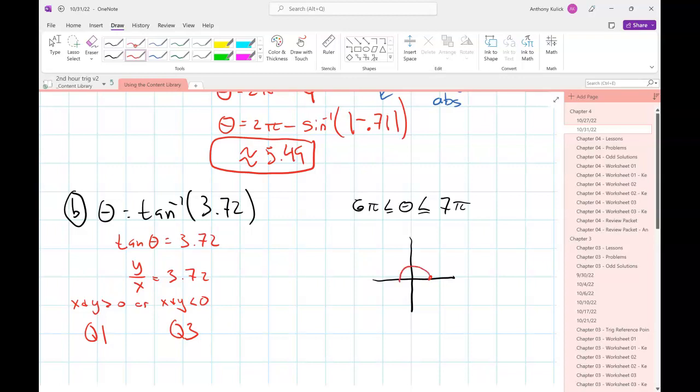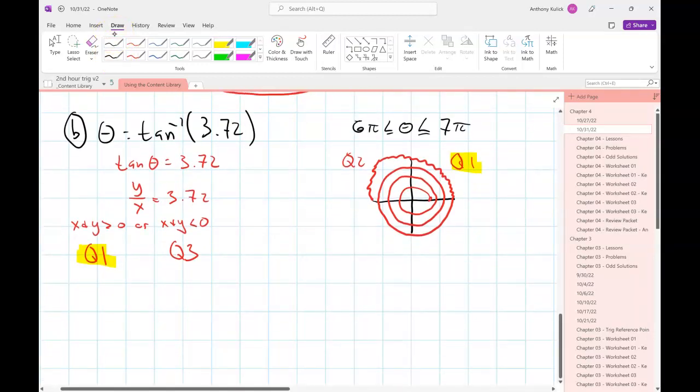So half a pi, 1 pi, 1.5, 2, 2.5, 3, 3.5, 4, 4.5, 5, 5.5, 6, 6.5, 7. So that covered quadrants 1 and 2. So where's my answer lie? In quadrant 1. Okay. Everybody cool? So far so good?